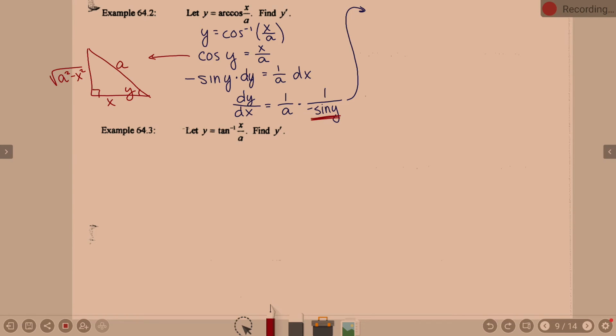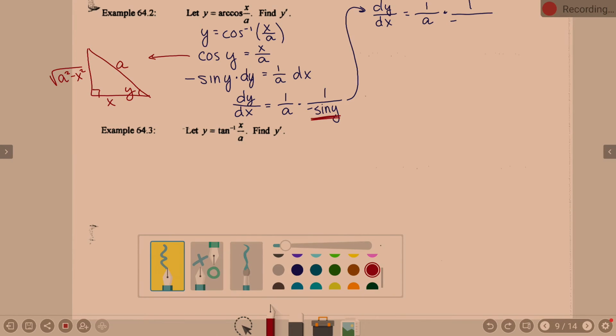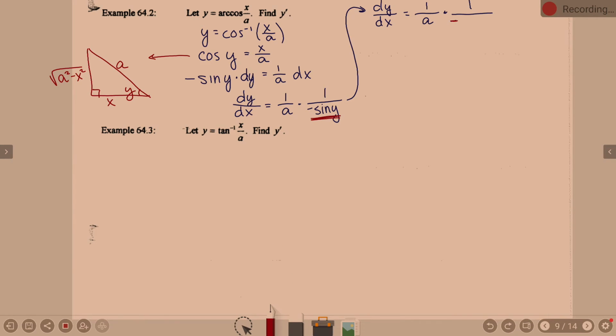Okay, so let's fill this in. dy dx is 1 over a times 1 over negative of sine y. So what is the sine of y here? Opposite over hypotenuse, so the negative of the square root of a squared minus x squared over a.